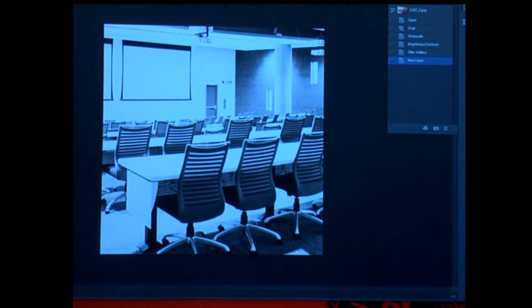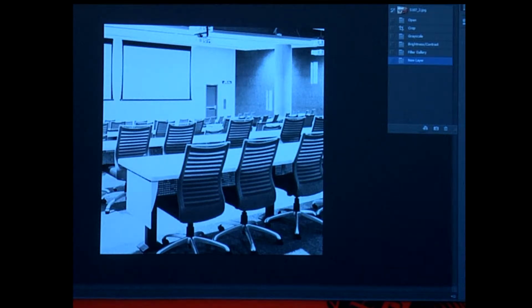So if you guys click on a new layer, you'll see it has this checkerboard background, which means transparent. So if I'm on that layer, I can create something on that layer that lives on top of the image, but not necessarily is the image.